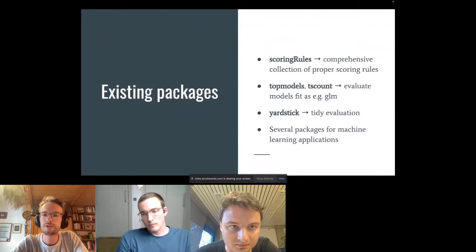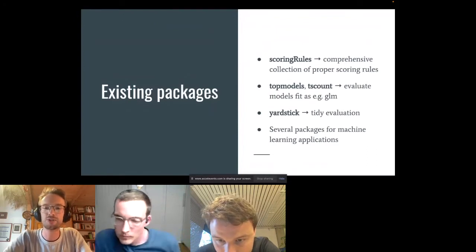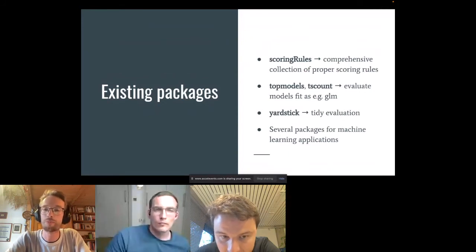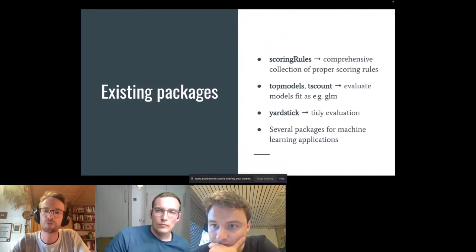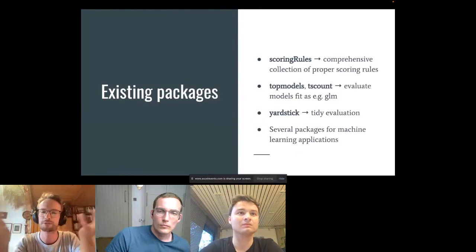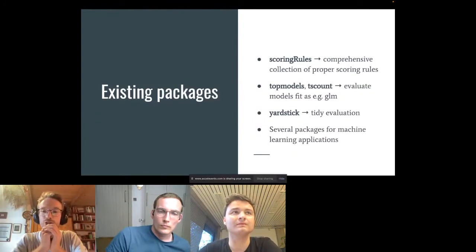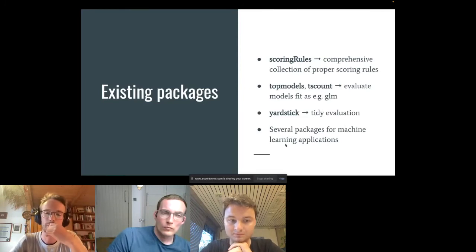But we still think that it's useful to have the scoringutils package because it's easier to use scoringutils to compare forecasts, while the existing packages usually either focus on proper scoring rules or focus on specific ways in which you have, for example, you can only use them if you use something like a GLM, or if your application is something like a machine learning application.